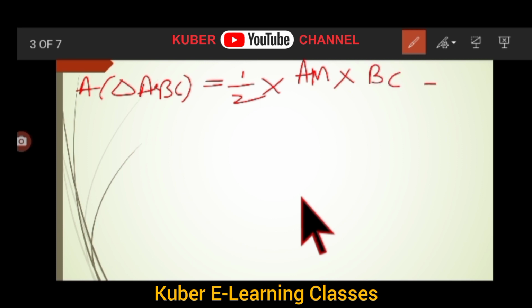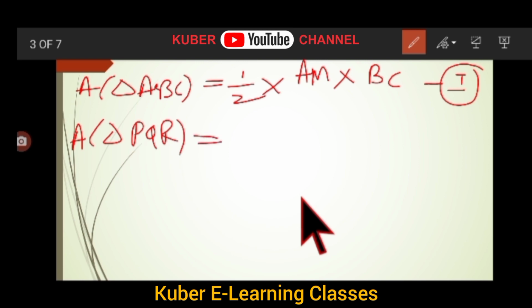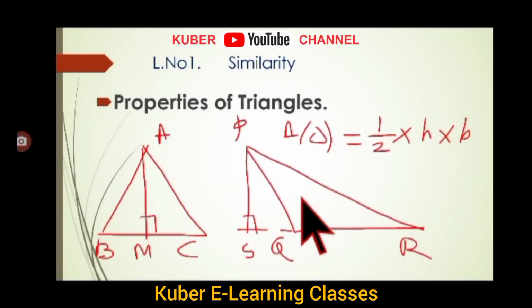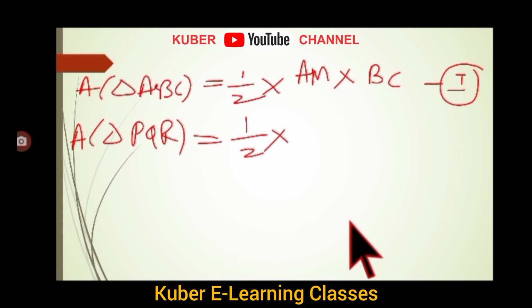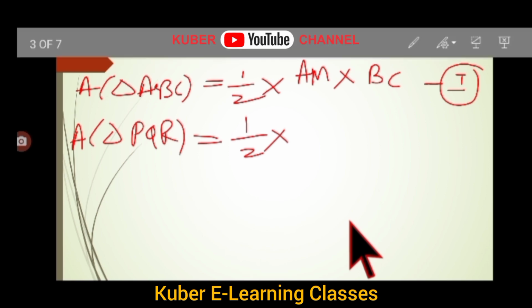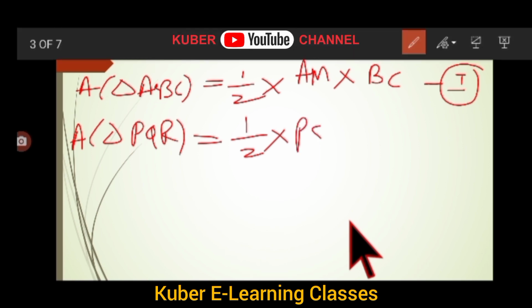Keep this as equation number 1. Now similarly, take the area of triangle PQR. There also it is half, and in triangle PQR, PS is the height and QR is the base. So half into PS into QR. This is your equation 2.